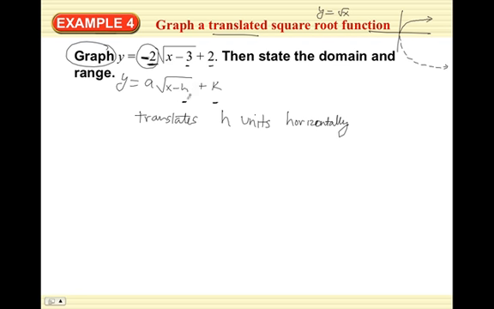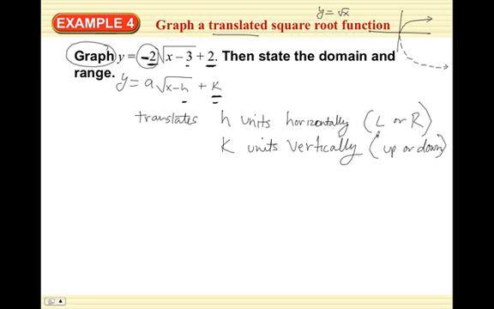So this will change things left to right, and this k will always translate up or down. So it translates h units horizontally, left or right, and k units vertically, so up or down. Okay?